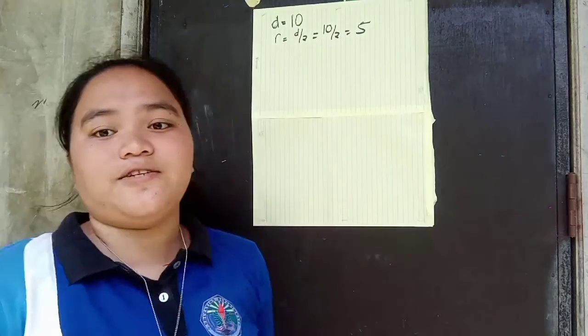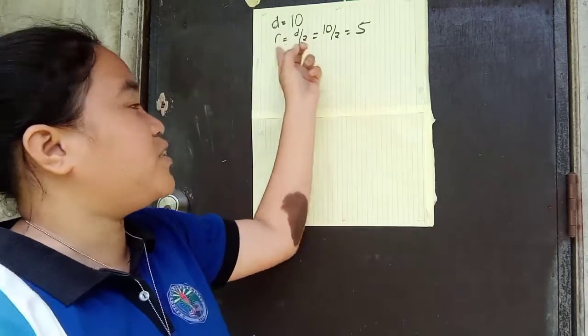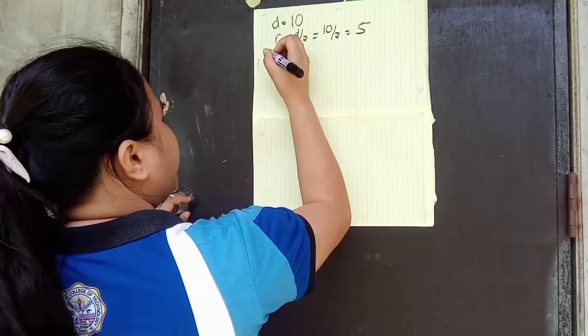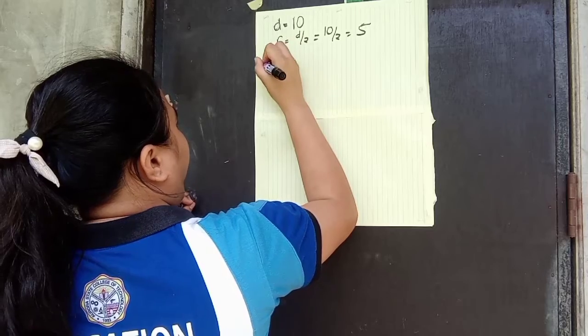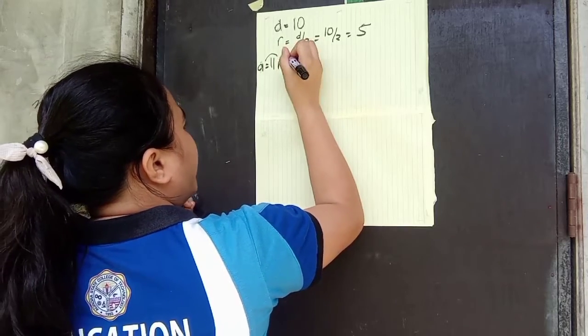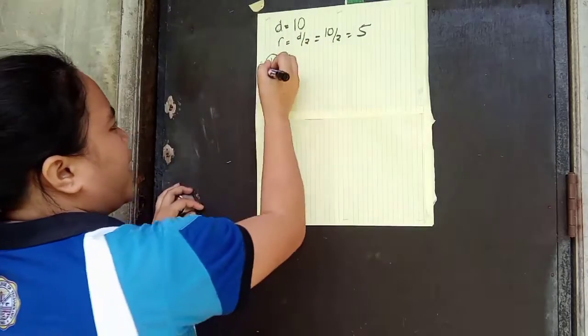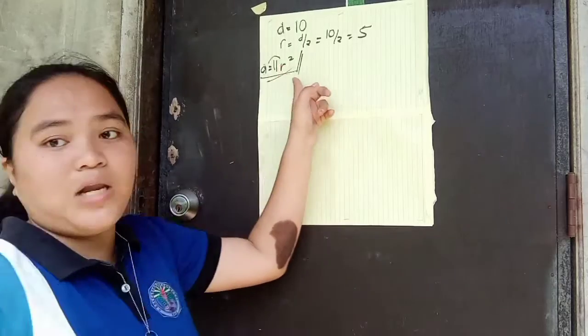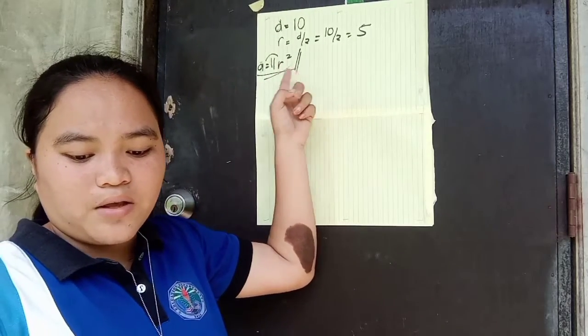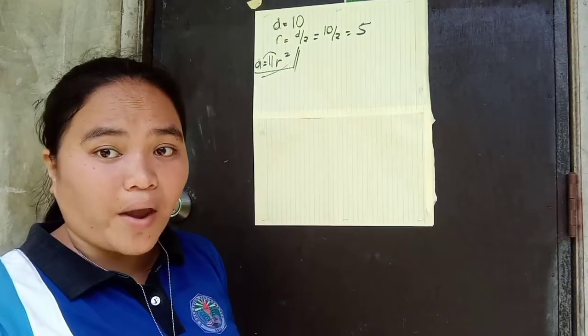So, ang ating radius po is 5. Bakit natin kinuha yung radius? Kasi, sa formula na ito, A equals pi r squared. Gagamit tayo ng formula na ganito para makuha natin yung area of plate into the nearest square inches.